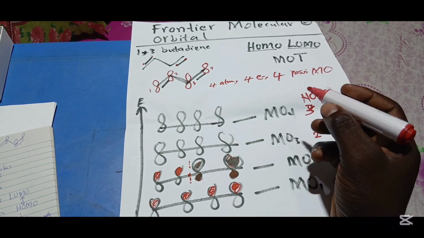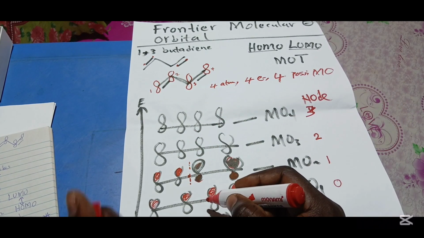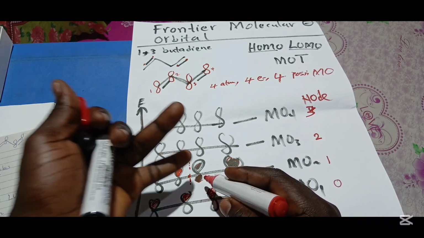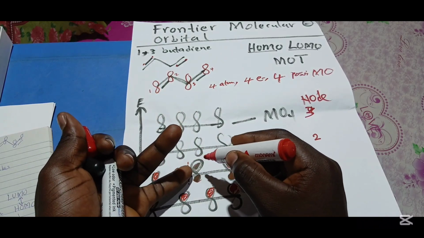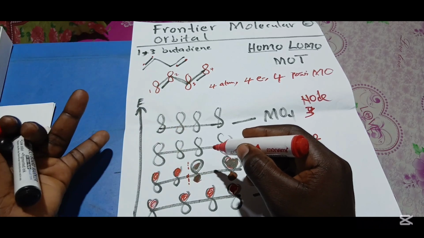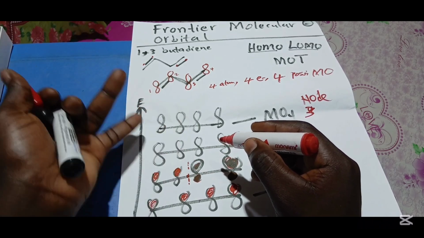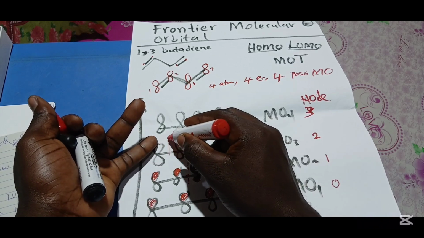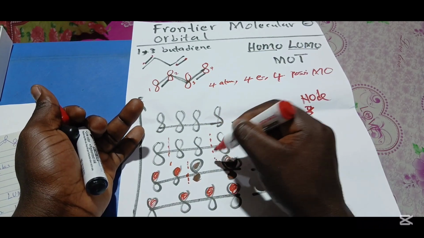So how do we get that? So remember, here we have no node, right? And here we have 1 node in the middle. This is my trick of doing it. As far as we have 1 node in the middle, let's move the node to the left a bit. I mean, we need two nodes, right? To the left. So we are going to get a node here, and let's do the same to the other side.